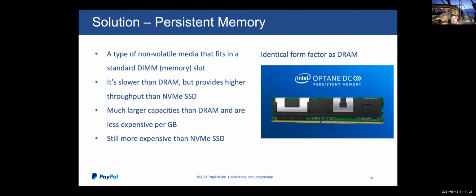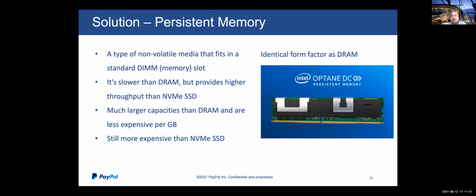So luckily, with the advent of persistent memory, now we have a new choice, because this persistent memory technology is a non-volatile media that fits in standard DIMM memory slots. As you can see from the right-hand side, which is an example, the form factor is identical to a DRAM.